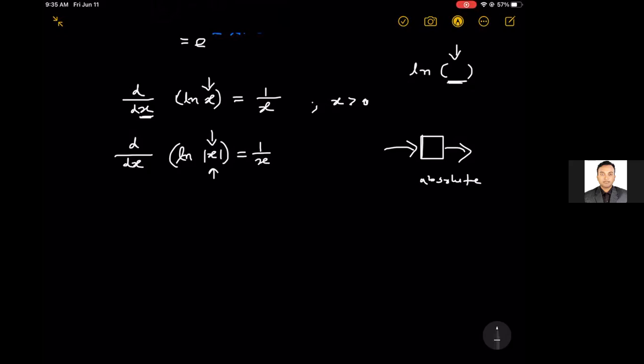And as I said, log cannot give you any value for values less than or equal to 0. For this absolute value, your x can be negative now because the absolute value will make it positive, but it can't help you with 0, because the absolute value of 0 will still be 0 and natural log of 0 is not defined.